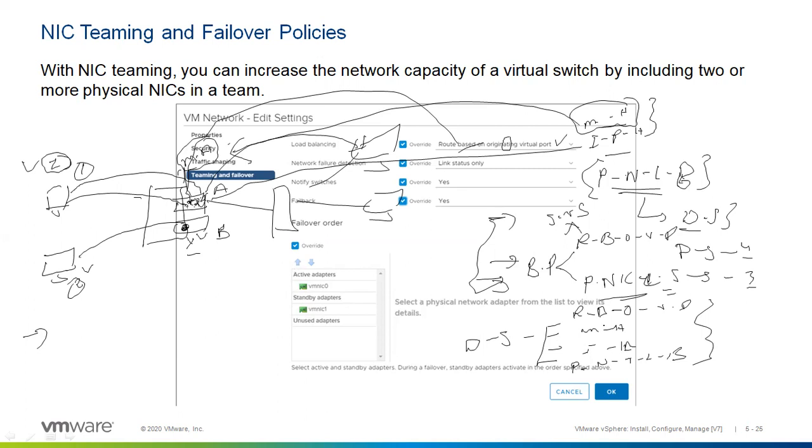The last one, physical NIC load balancing. So in that case, every time virtual machine one is sending data from physical NIC A and receiving also. Whenever anybody is sending data, it is not able to receive the data because physical port A is busy.